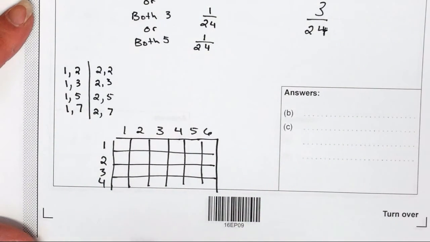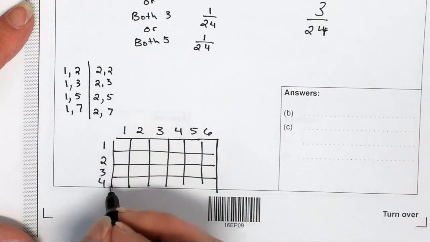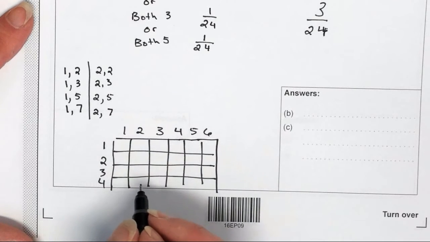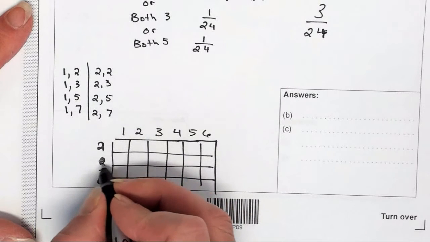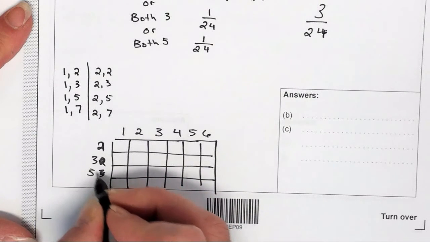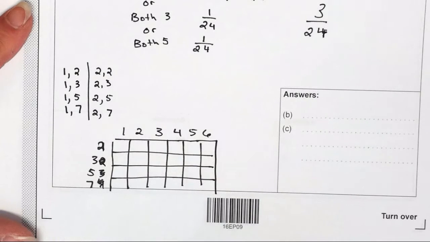How many squares do I have? 24. Whoops, this wasn't 1, 2, 3, 4. What was it? 2, 3, 5, and 7. Correct? Correct.